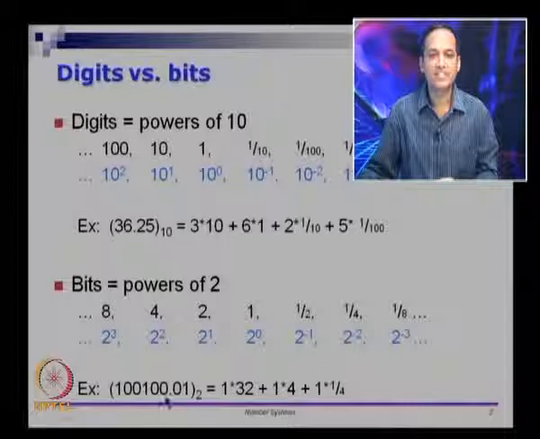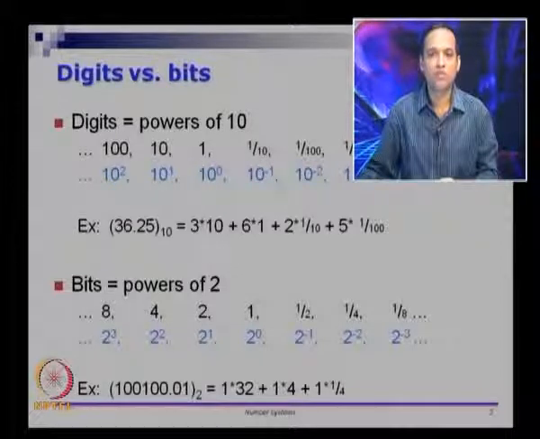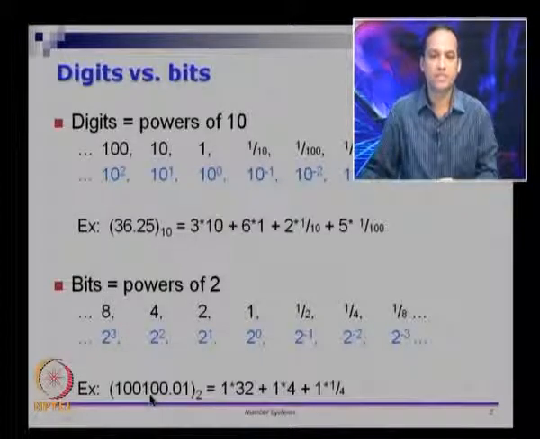On the right side, this is 0 into 2 power minus 1 plus 1 into 2 power minus 2. 2 power minus 2 is 1/4, so that is 1 into 1/4. That is the value here: 1 into 32 plus 1 into 4 plus 1 into 1 by 4. In fact, this is the binary representation for 36.25. So you have 36.25 here, and this is the equivalent binary representation.